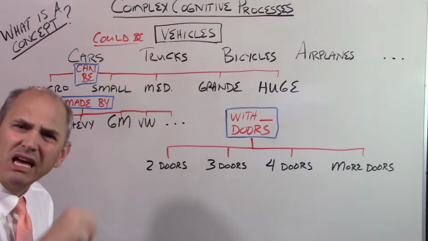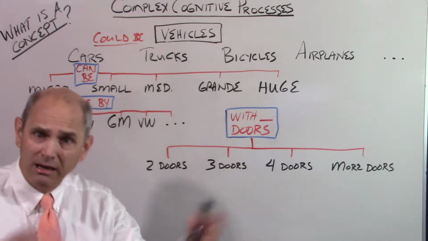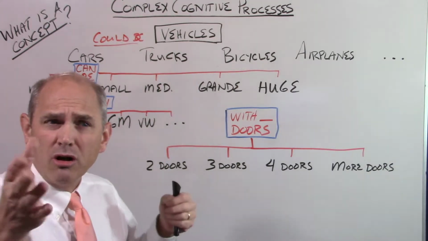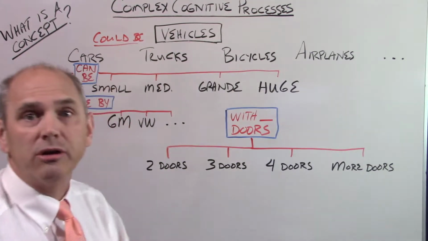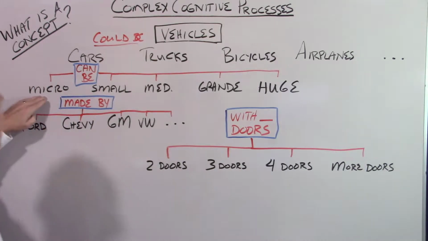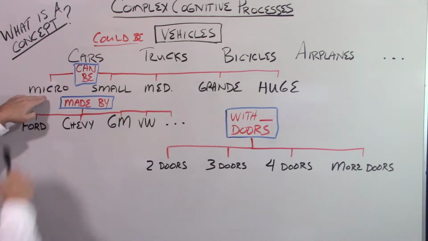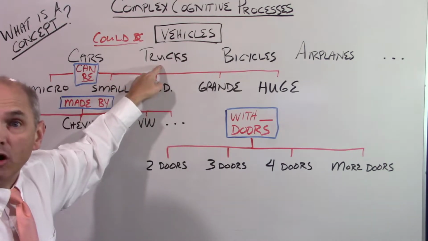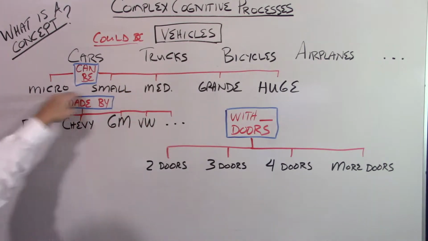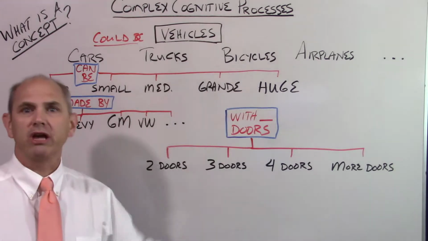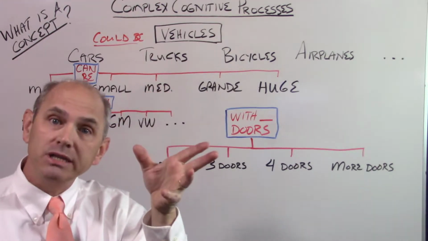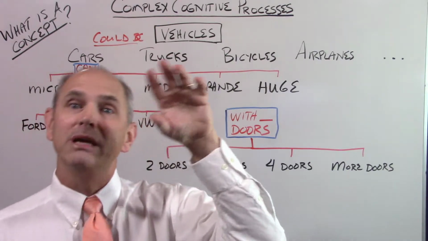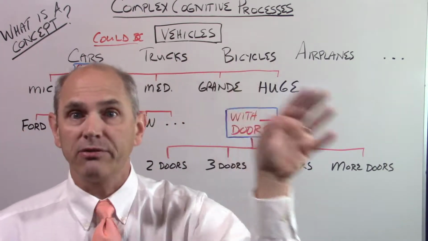Think about a sedan. Think about a station wagon. Those or a hatchback. Those are all kind of cars, although, well, I won't go there. But they could be very small. They could have all these sizes. Could trucks also be these different sizes? Sure they could. But they're going to have different characteristics because we define what makes something a truck and what makes something a car differently from each other.